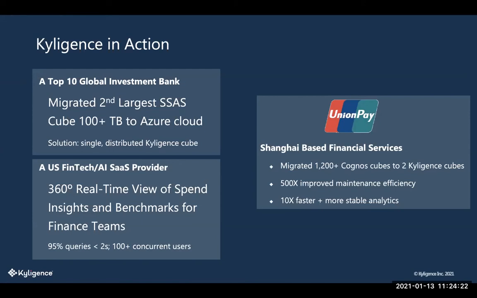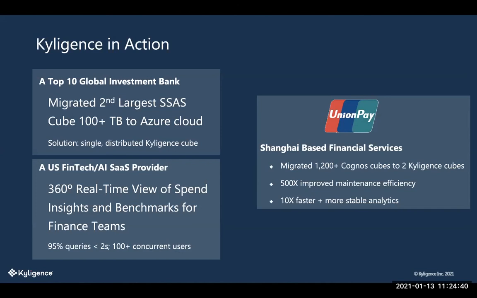Another SaaS provider in the US provides their customers with interactive analytics. And so 95% of those queries return in less than 2 seconds for over 100 plus concurrent users.